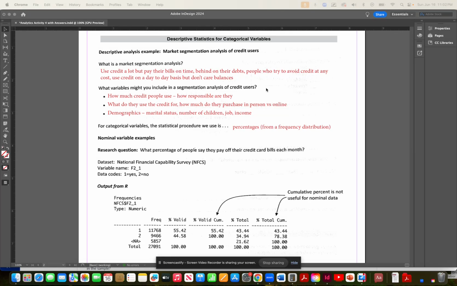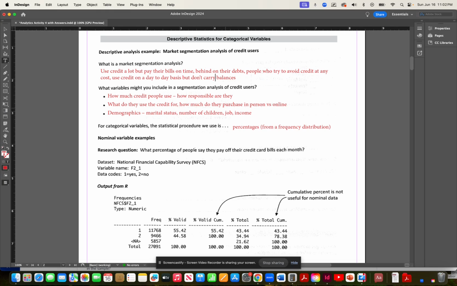And then there are people who try to avoid credit at any cost. They just will not do credit cards. And then there are those who use credit on a day to day basis, but they don't carry balances. So just putting people in different categories. That's what market segmentation is.